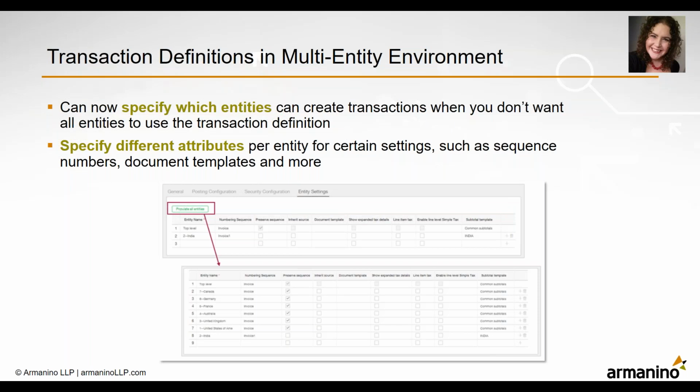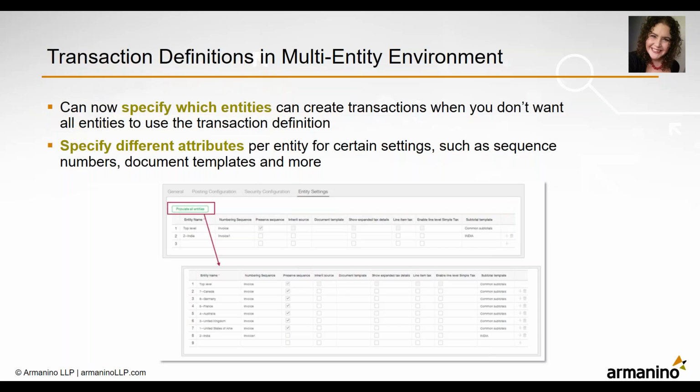Now you have the ability to create transaction definitions at the top level and then specify which entities are able to use it. So this is especially helpful if you've got folks that have access to multiple entities and multiple transaction definitions. However, certain transaction definitions can only be used in certain companies. So this will now restrict it so that you only see that when you're in the entity.